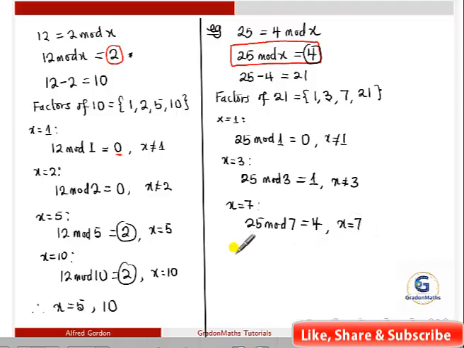When we follow through, we also have x equal to 21 finally, and that will give us 25 mod 21, and this will also give us a result of 4, meaning that x can also be 21. So therefore we can conclude that x is equal to 7 and x is equal to 21.